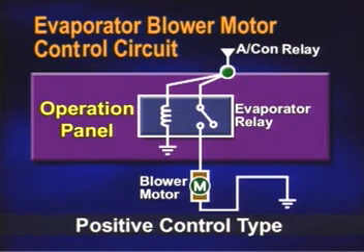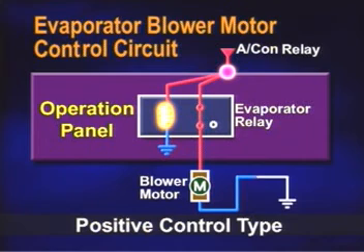When the power supply condition is met, power is supplied to the operation panel from the air conditioner relay, and the supplied power passes the excitation coil of the evaporator relay and gets grounded. Then, power is also supplied to the switch terminal of the evaporator relay and waits. The evaporator relay turns on and the motor operates by supplying positive current to the blower motor.